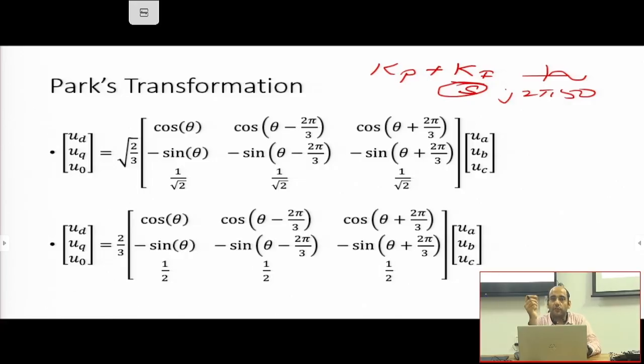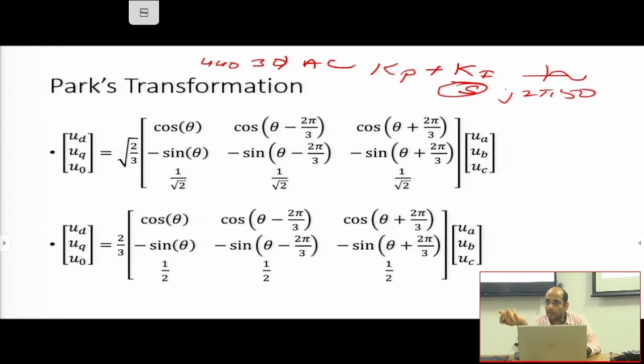Because, for example, if I ask you about 440 volt 3-phase AC, what are the constant numbers? The line to line RMS voltage is constant, the line to line peak is constant, the phase RMS is constant, the phase peak is constant, right? So these are constant numbers. We have to extract those constant numbers and make sure that the peak or the RMS value remains at that constant number. That is the objective of the control, right? So which variable we take is our choice.